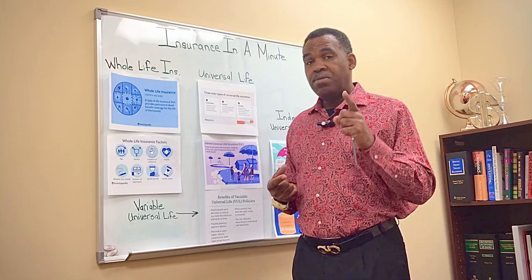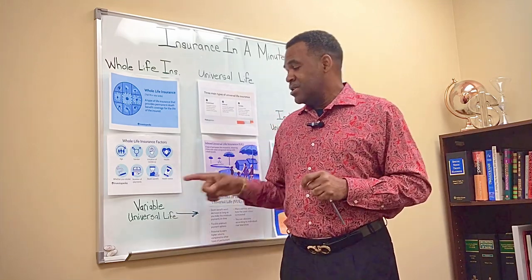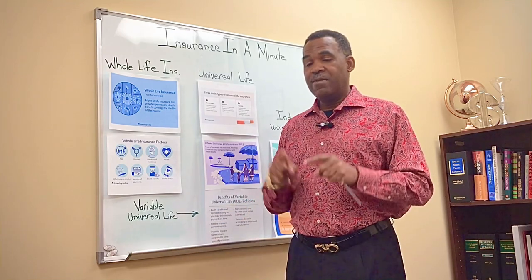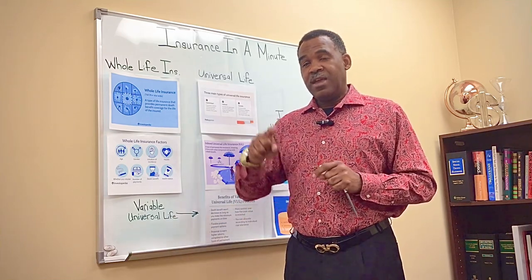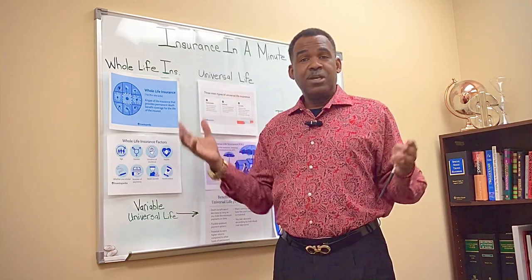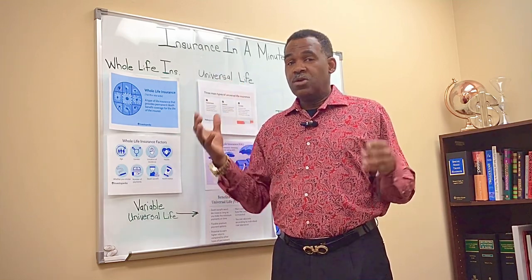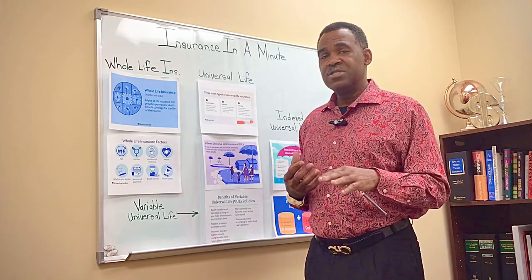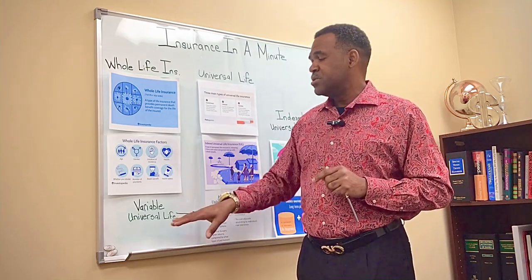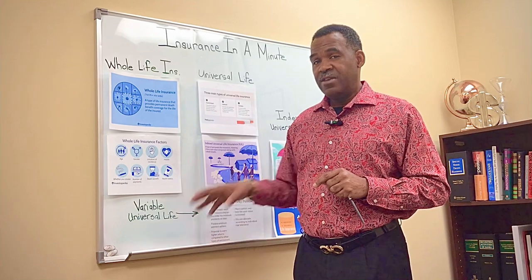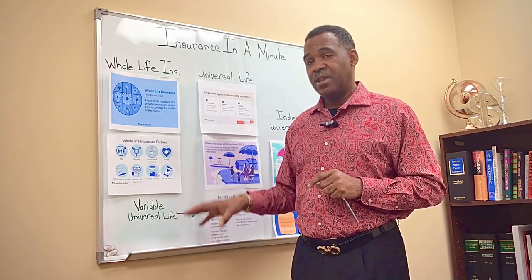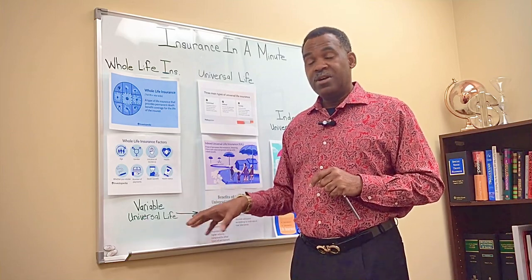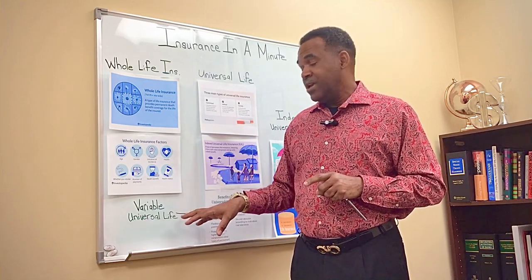But the part that you have to be careful about, since you're invested in mutual fund subaccounts, is the risk. If the mutual fund goes up, which everybody likes for it to do, you're great. But what happens if the mutual fund loses value? That's why when you're considering a variable universal life, you have to trust and develop a relationship with the agent that's selling you this product, because it's just like having an investment.